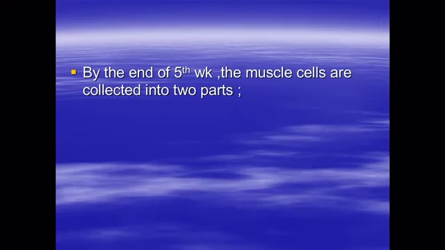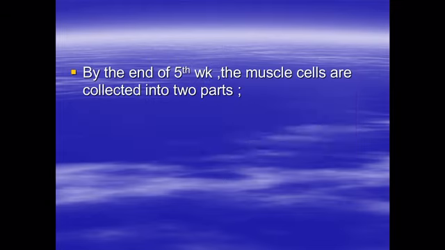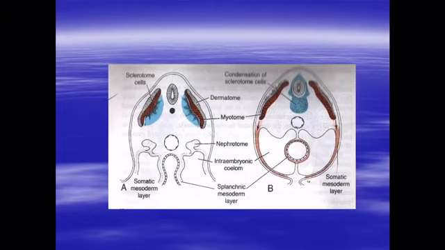By the end of the fifth week, the muscle cells are collected into two parts. A small dorsal portion, they call it epimere, which forms from the dorsomedial cells of the somite that is recognized as myotome. This is the myotome.